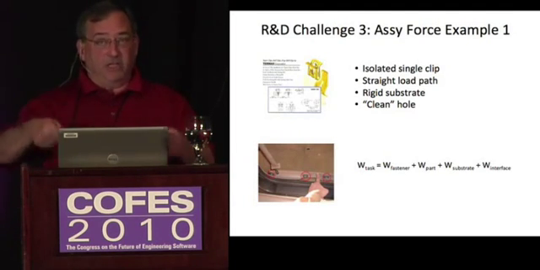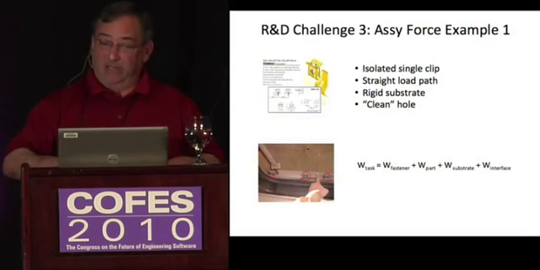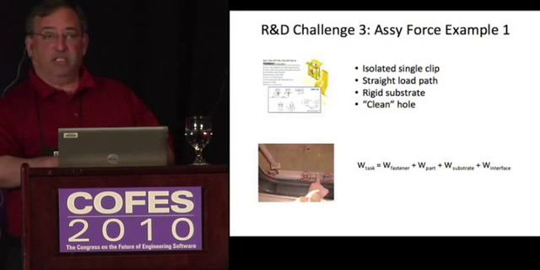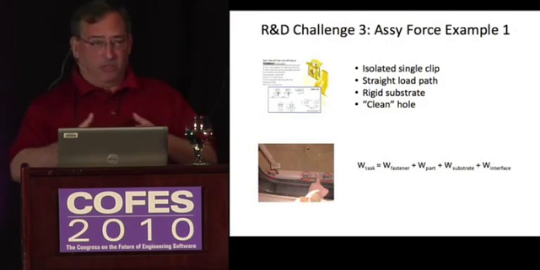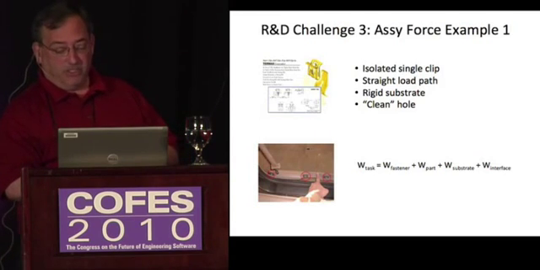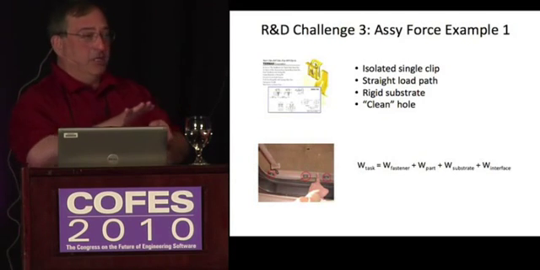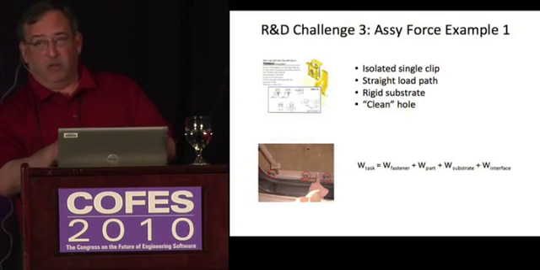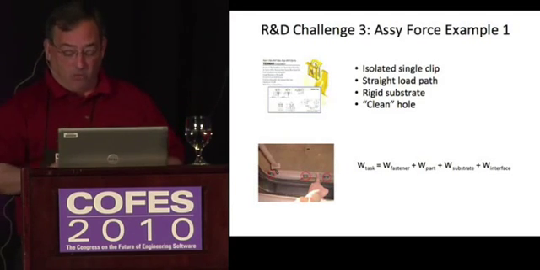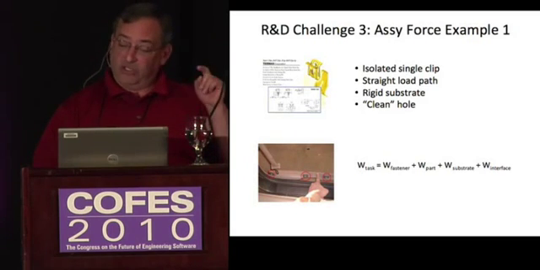Also, I'm pushing not into a rigid substrate, I'm pushing into a compliant substrate, and that bending has an impact. Sometimes I'm compressing soft materials in between, so the work the operator does is partly the work associated with the pure insertion of the fastener, but it's also the work required to overcome all of these other factors, which can very significantly outweigh the data that we got for insertion force.